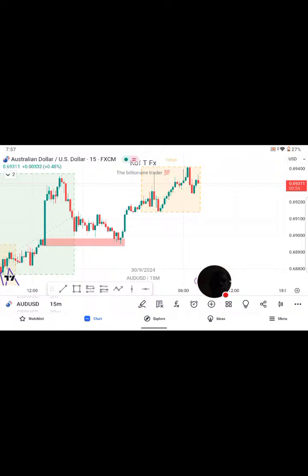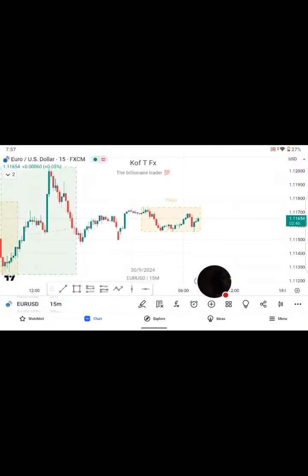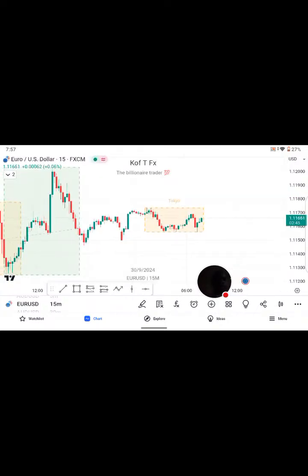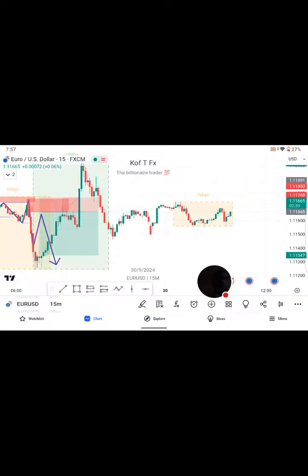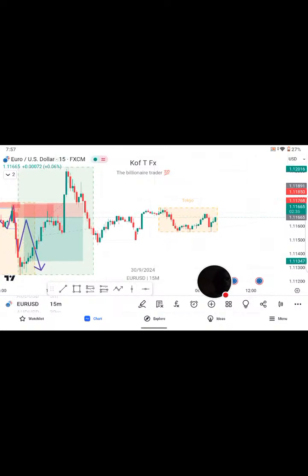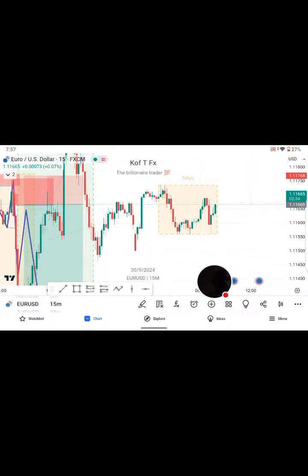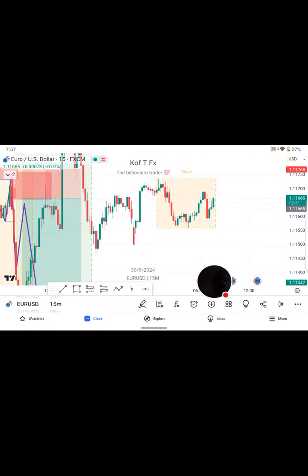Okay, EUR USD. Okay, this is EUR USD. Now, looking at this, what do we have? Do we have a trading opportunity? Let's draw out the structure we have on the chart.